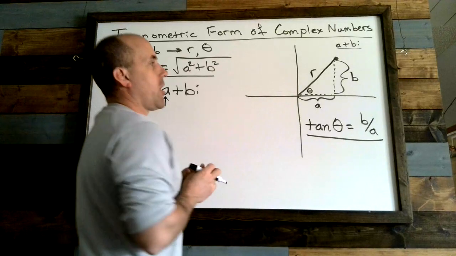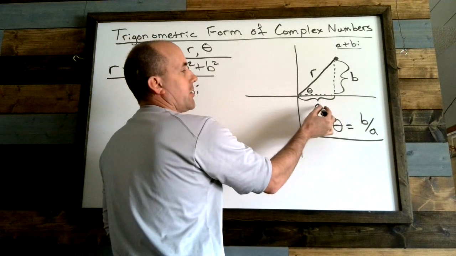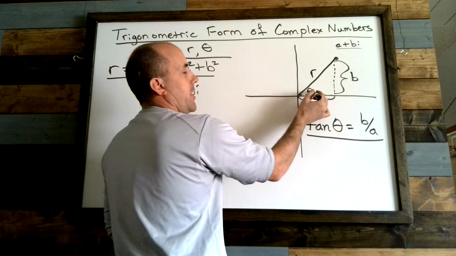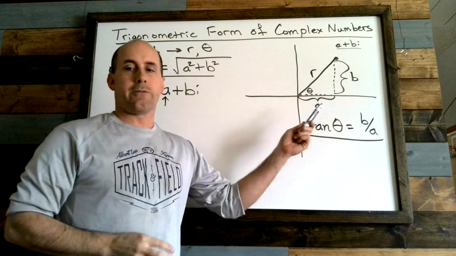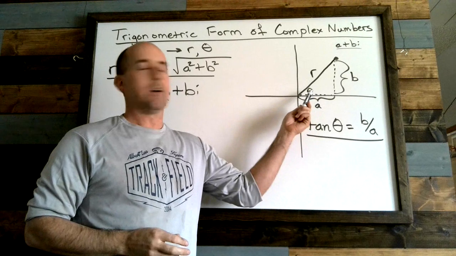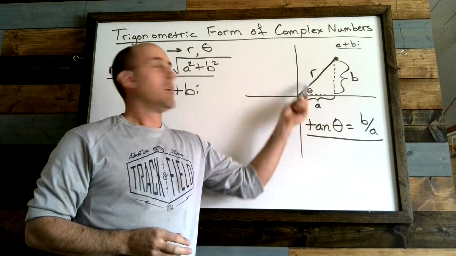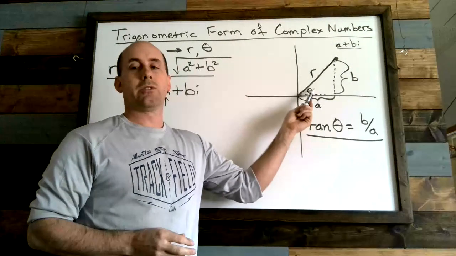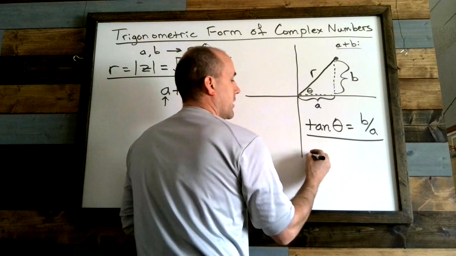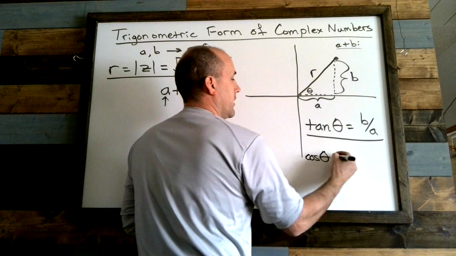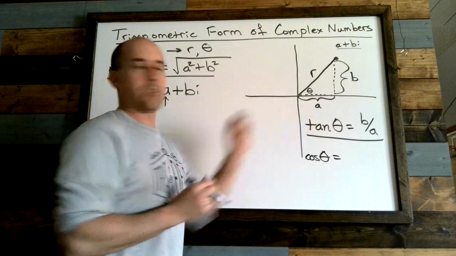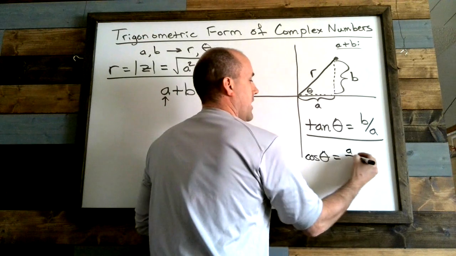Come back to this drawing here, and as you consider A and R and theta, which trigonometric function would deal with A, R, and theta? So we have the adjacent, we have the hypotenuse, we have the angle, and you're right, cosine. Namely that the cosine of theta is equal to the adjacent, which is A, divided by R.